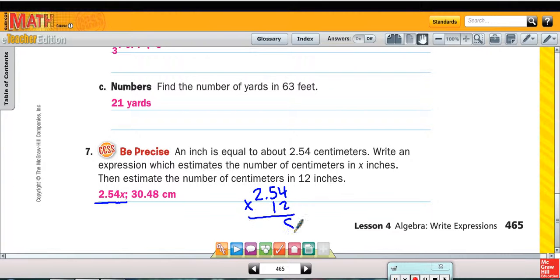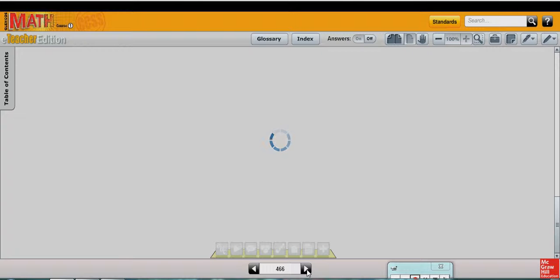We solve, and 2 spots behind the decimal makes that 30.48 centimeters. So this one is worth 2 points also. Go ahead to page 466. Let's check the remainder on that page.